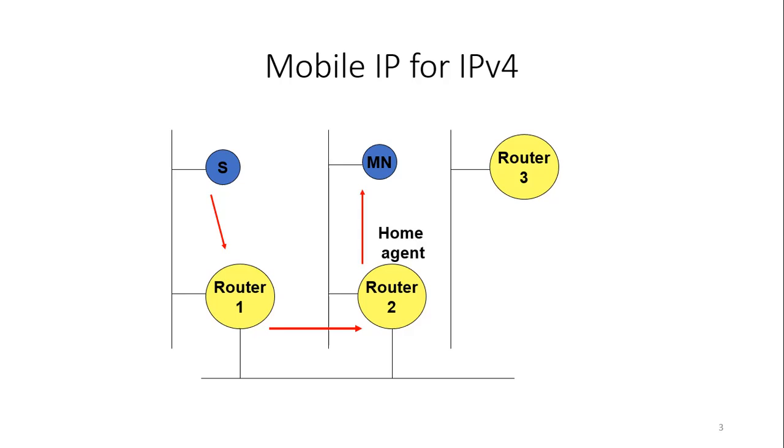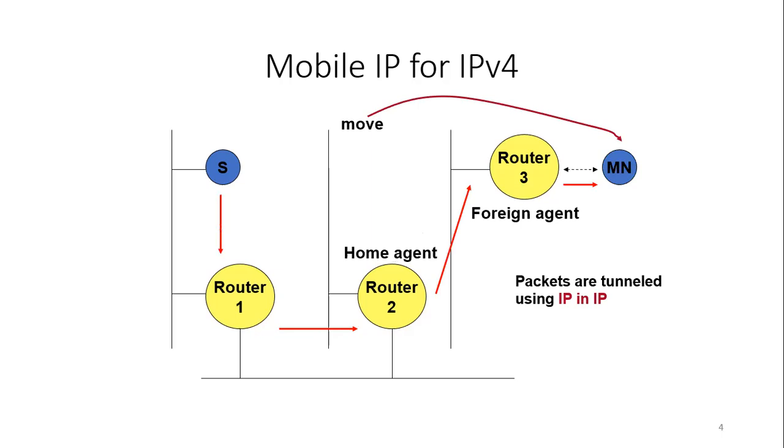If you move to another location, then you go beyond the range that, say, router 2 has, a pool of IP addresses that it can allocate. But if you move far and you go under the service of router 3, then router 3 cannot allocate the same one, you cannot keep using the same IP address. It has a different range of IP addresses. That means your IP address needs to be changed.